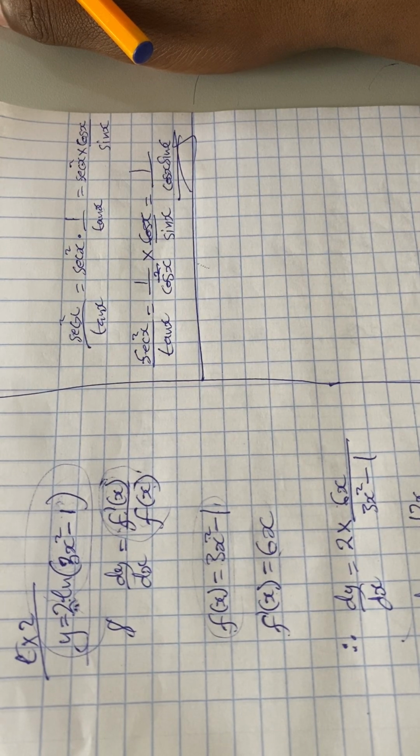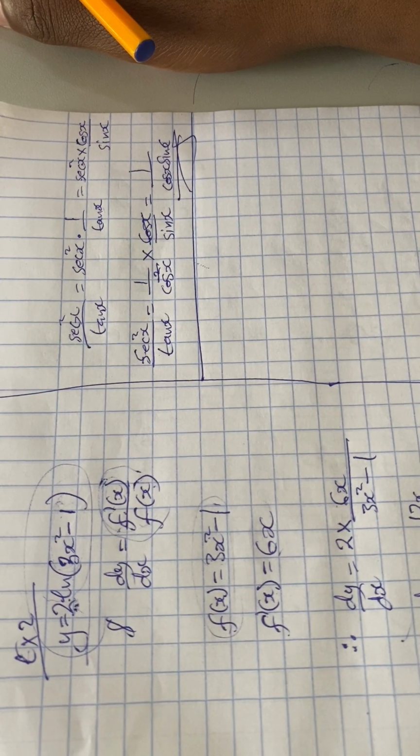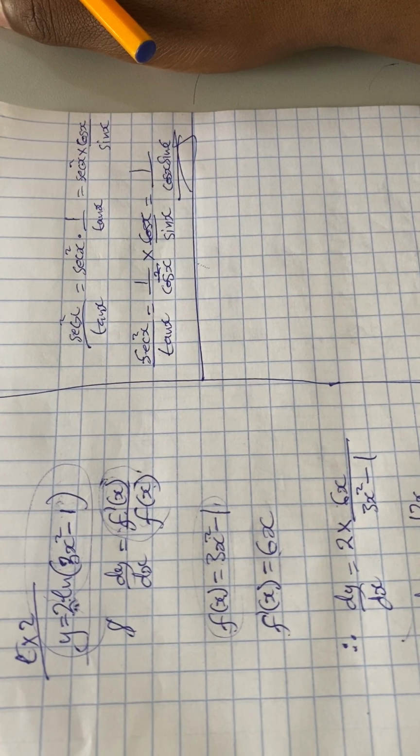So now I'm going to use the product rule to find the first derivative of a function that includes both the exponential and the logarithmic functions.